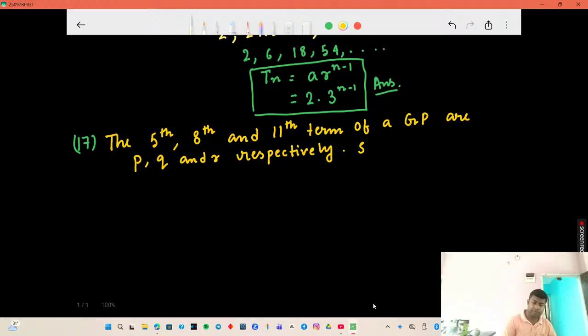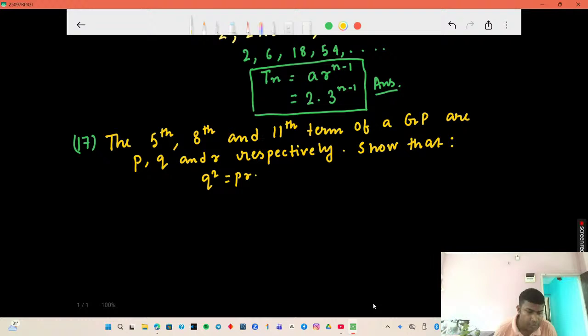Show that Q square is equal to PR. Is it clear? So here the question is given as the fifth, eighth, and 11th term of a GP are P, Q, and R respectively. Show that Q square is equal to PR.